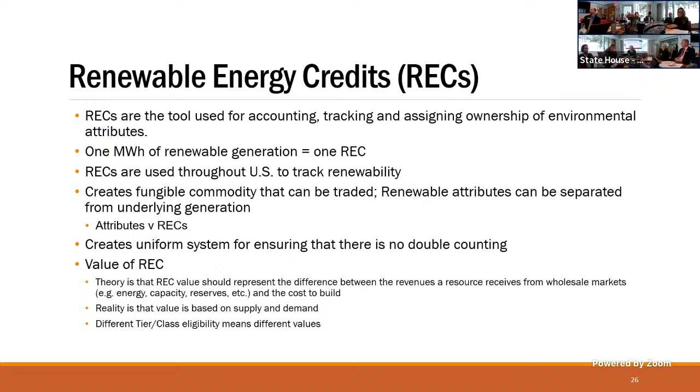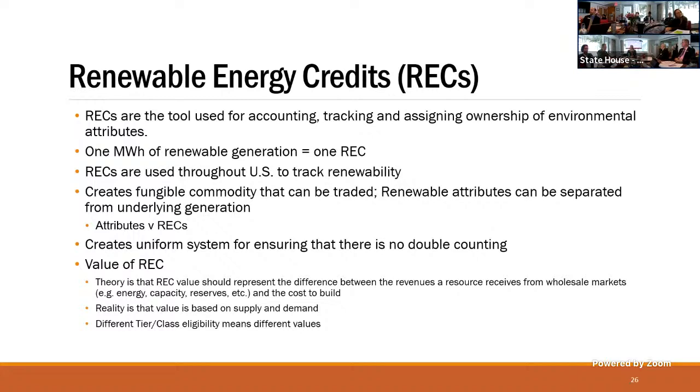And the theory of the REC is really that it should represent the value of the difference between what a resource could get in the open marketplace and what it needs to actually build the resource. So there was kind of a missing money problem when a lot of these standards were first implemented. We'll just use the example of solar.